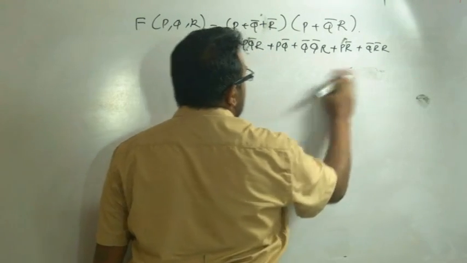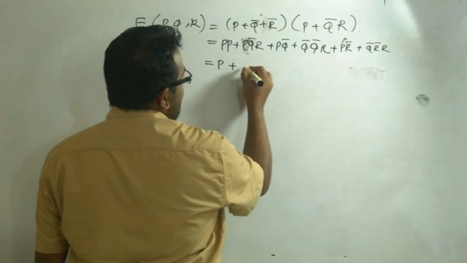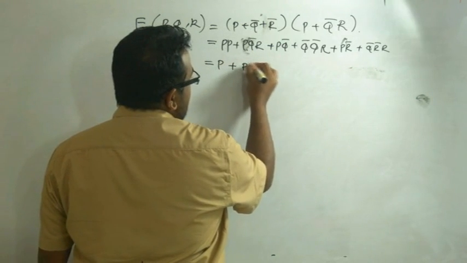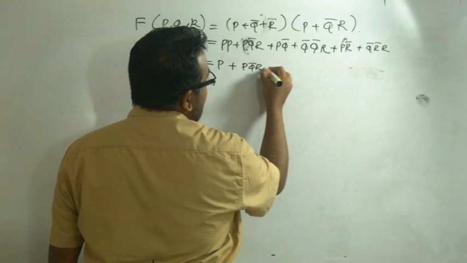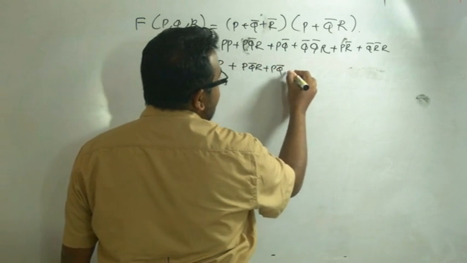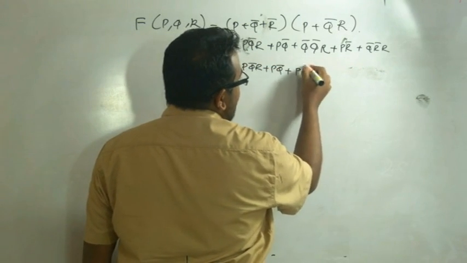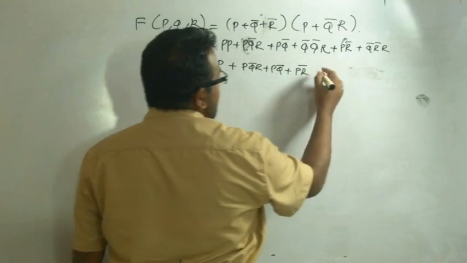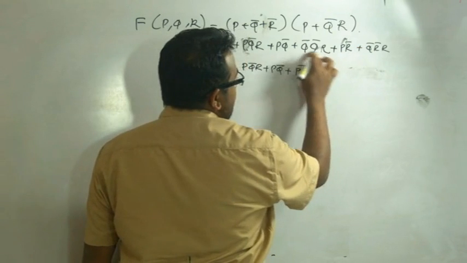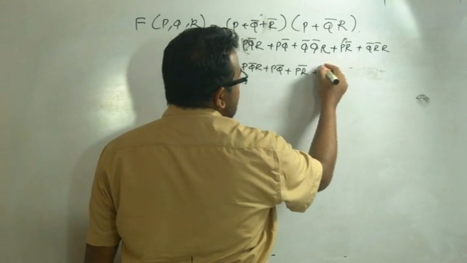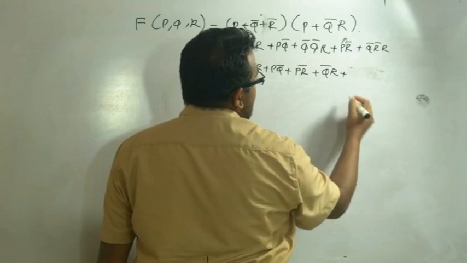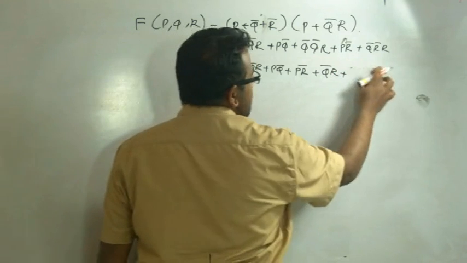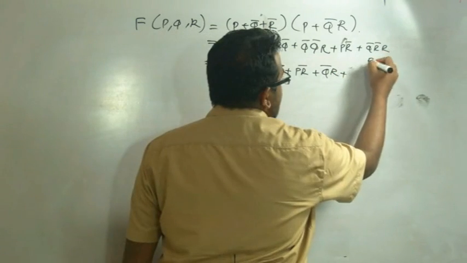Instead of that we can simply say p plus p q r, q bar r plus p q bar plus p r bar. Look here what I did, I take this part here and then no point of having 2 q bars, this is q bar r, and here you can see r into r bar.